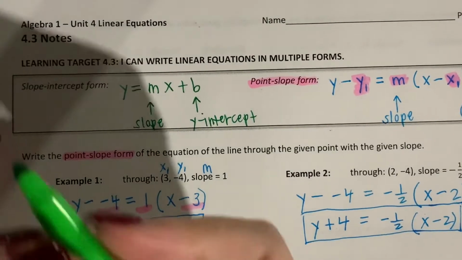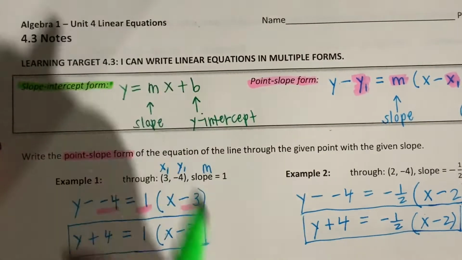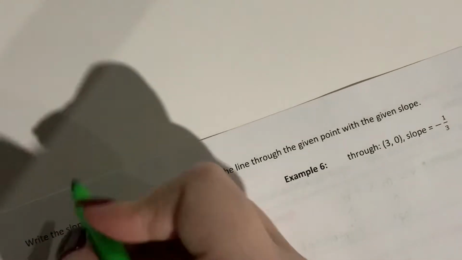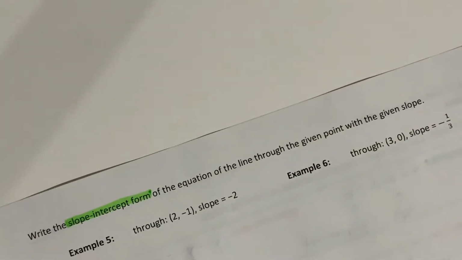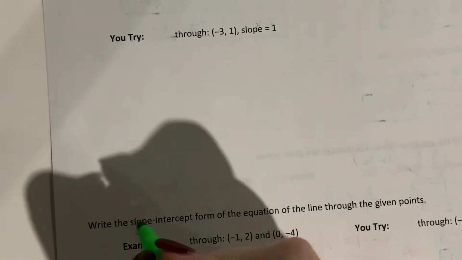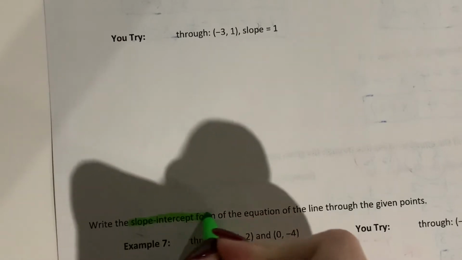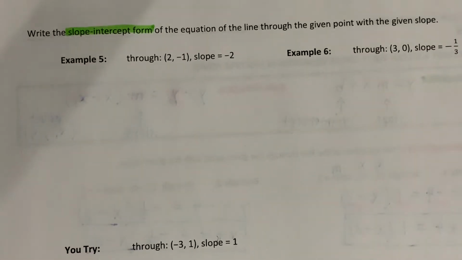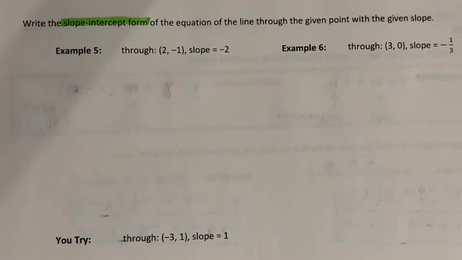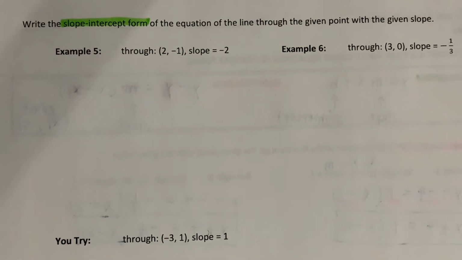So on the back side of our notes, it's going to ask us to get our equations in slope-intercept form. So notice these directions say, write the slope-intercept form. And again, here at the bottom, write the slope-intercept form. So you are going to have to get it to be in y equals mx plus b. If you look at example 5, it actually looks the same as the other problems that we were doing when we were writing them in point slope form.